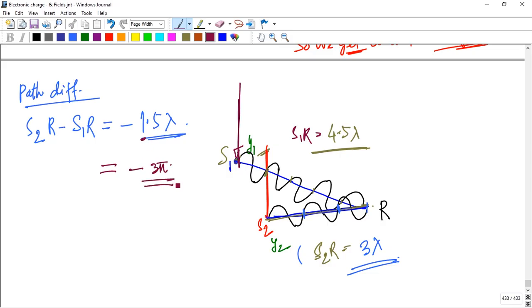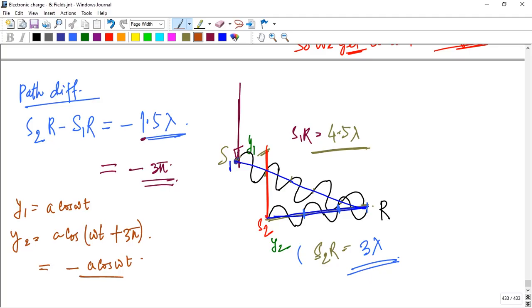So that's the phase difference. Now if the wave y1 is a cos omega t, then y2 is a cos omega t minus, and this minus with the plus gives 3 pi. That's very important. If I calculate, we get minus a cos omega t.